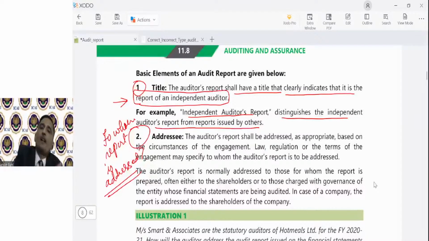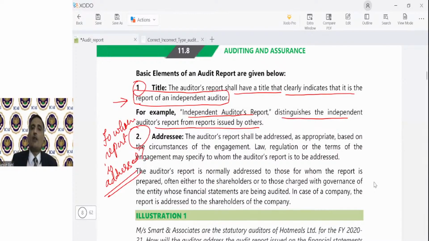Say in case of a company, the report is addressed to the members of the company, because members are the owners of the company. कंपनी का मालिक कौन? कंपनी का मालिक shareholders है. Shareholders have appointed the auditor in the AGM. Okay, so the audit report is obviously addressed to the shareholders, to the members of the company.